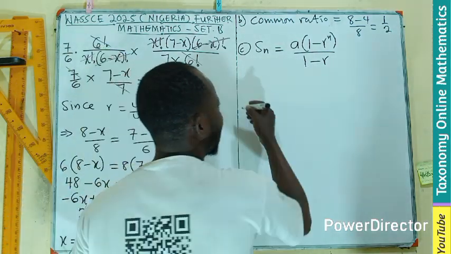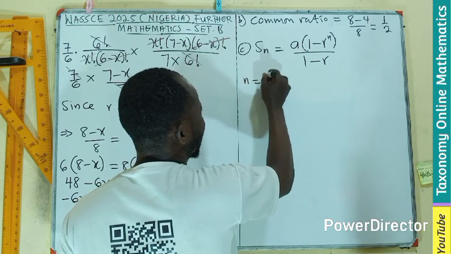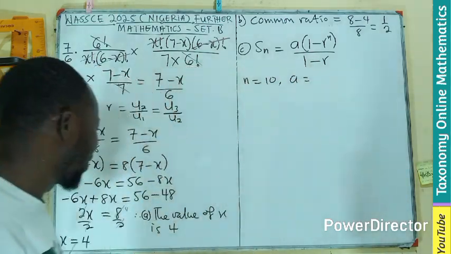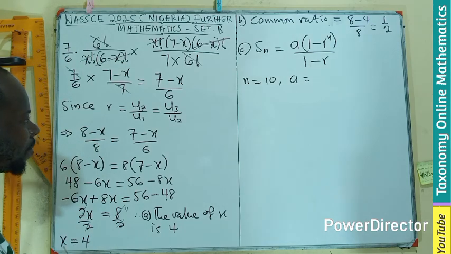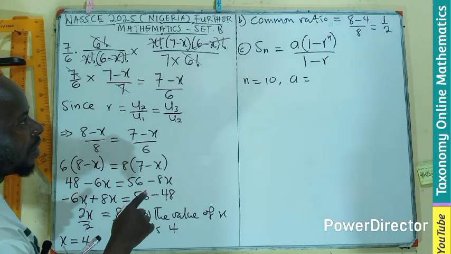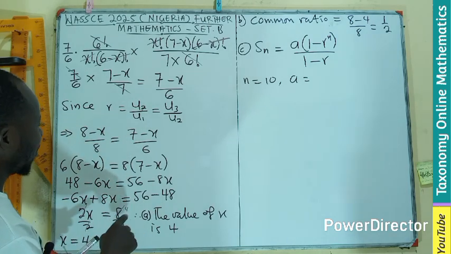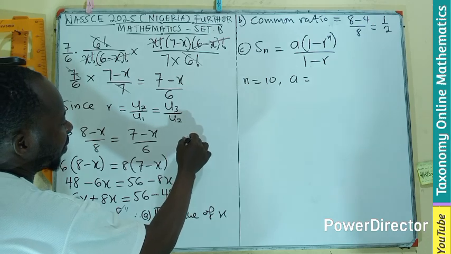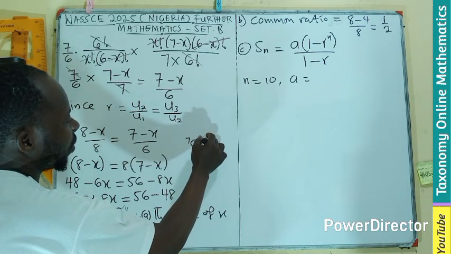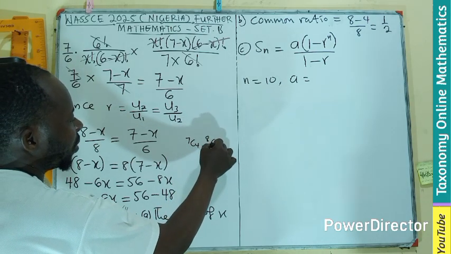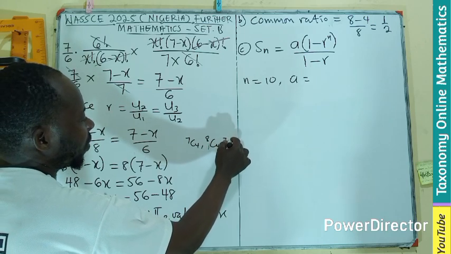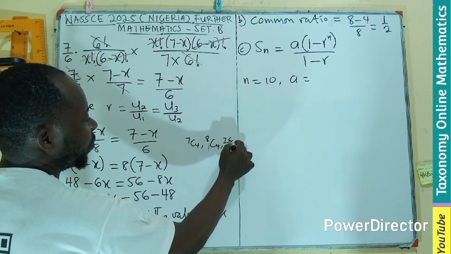Now here I can see that my n is the number of terms and my A is the first term. Can we get the first term? I think we could have the sequence: 7 combination 4, 8 combination 4, 7 on 6, 6 combination 4.